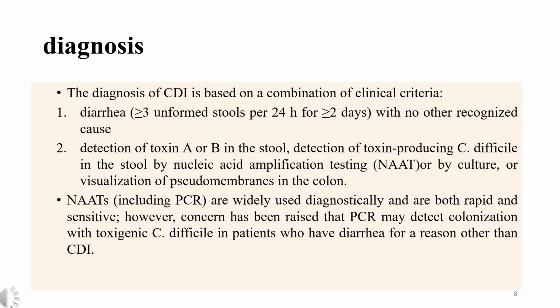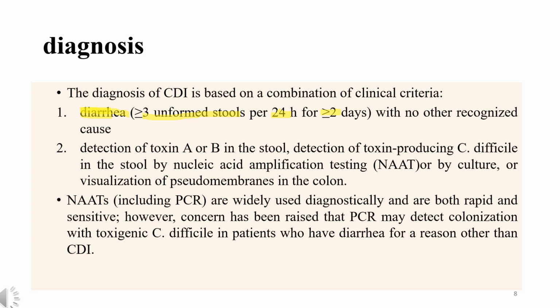How is this disease diagnosed? The diagnosis of CDI, Clostridium difficile infection, is based on a combination of clinical criteria. Number 1, diarrhea, which means 3 or more unformed stools per 24 hours for 2 or more days, with no other recognized cause.